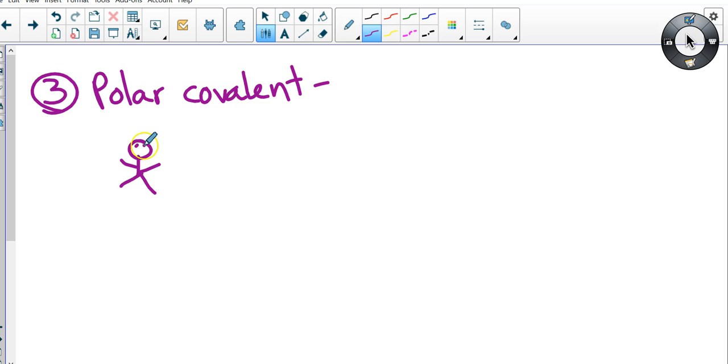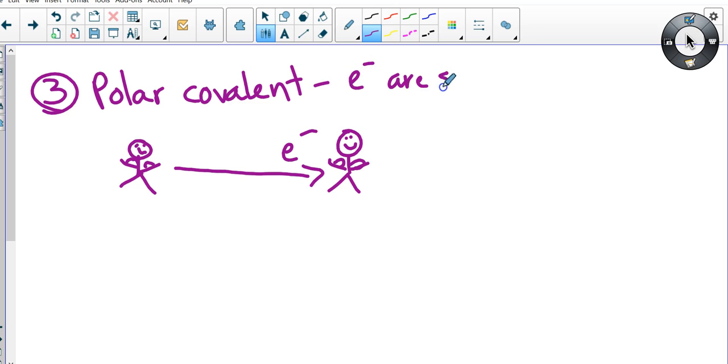For the sake of the drawing, I'm going to draw just a slightly bigger person. So they're both strong, but the electrons are closer to this guy. So what ends up happening, electrons are shared unevenly.